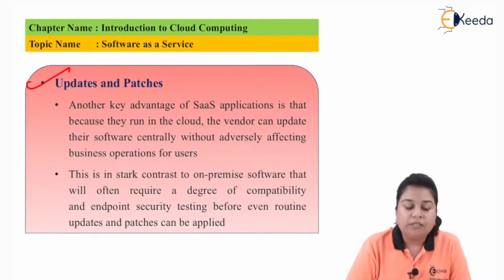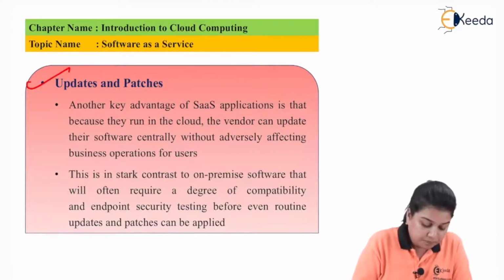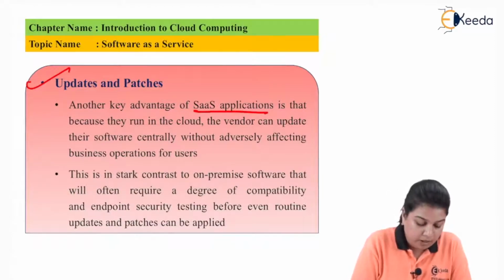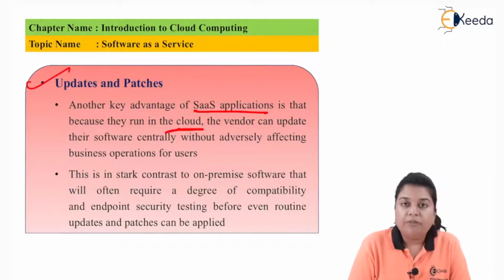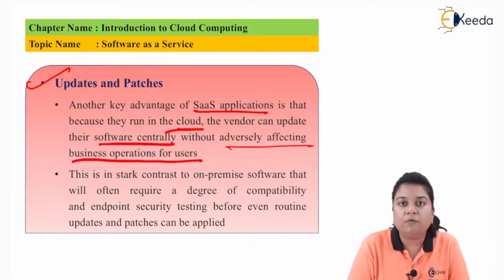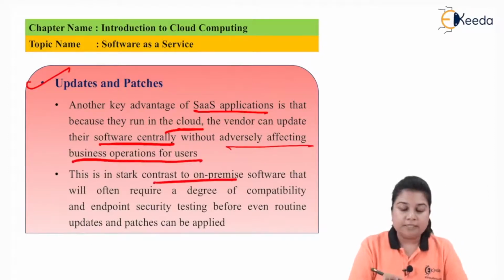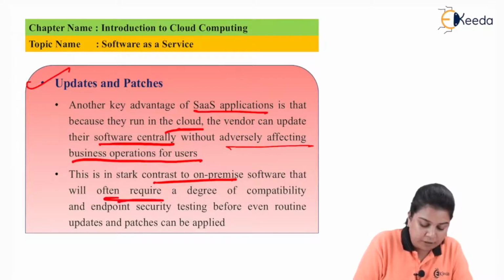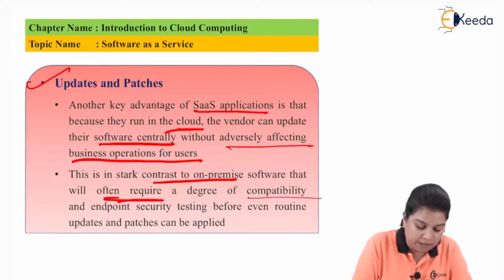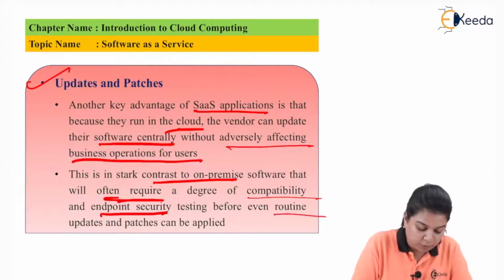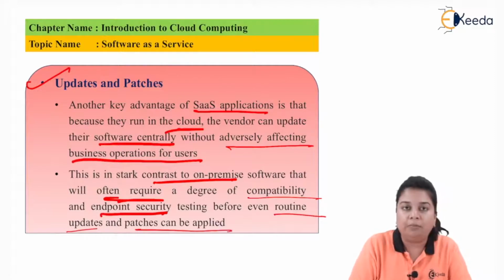Next advantage: updates and patches. Another key advantage of a software as a service application is that because they run in the cloud, the vendor can update their software centrally without adversely affecting business operations for users. This is in stark contrast to on-premise software that will often require a degree of compatibility and endpoint security testing before even routine updates and patches can be applied.